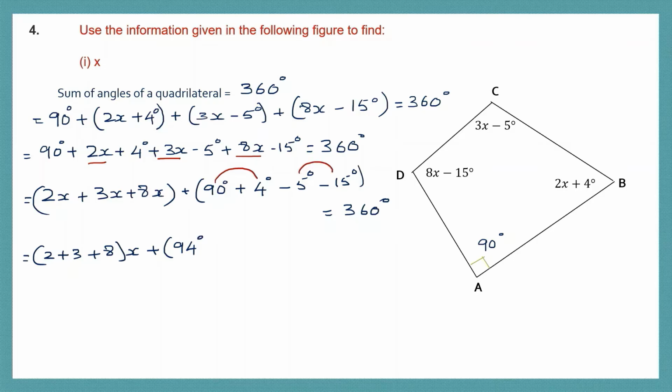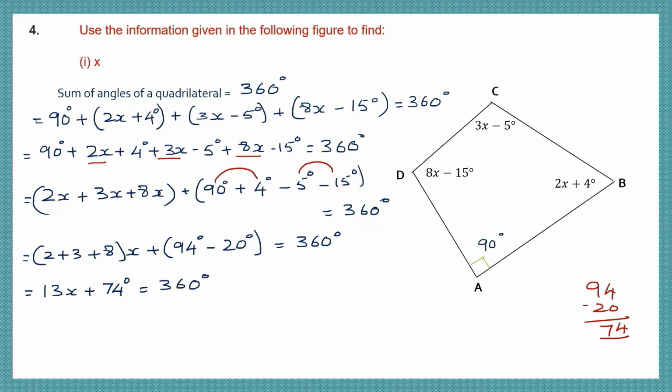Signs are the same, so let's put the same sign and add. 5 plus 15 is 20 degrees, adding up to 360 degrees. 2 plus 3 is 5, 5 plus 8 is 13. 13x plus 94 minus 20 degrees. Let's subtract 94 and 20: 4 minus 0 is 4, 9 minus 2 is 7. So that's 74. So plus 74 degrees is equal to 360 degrees.